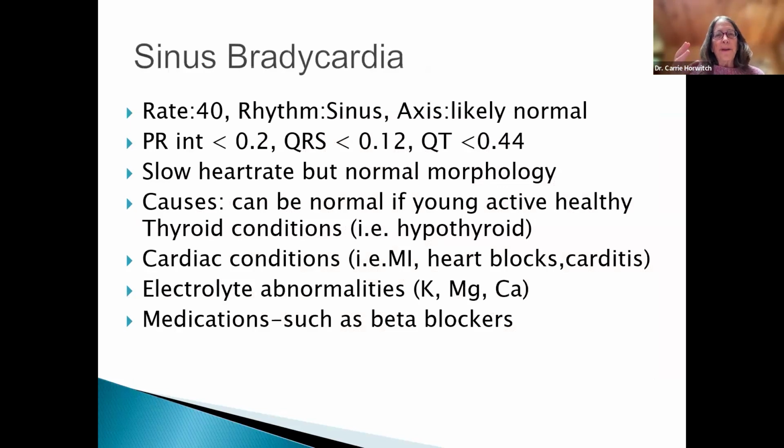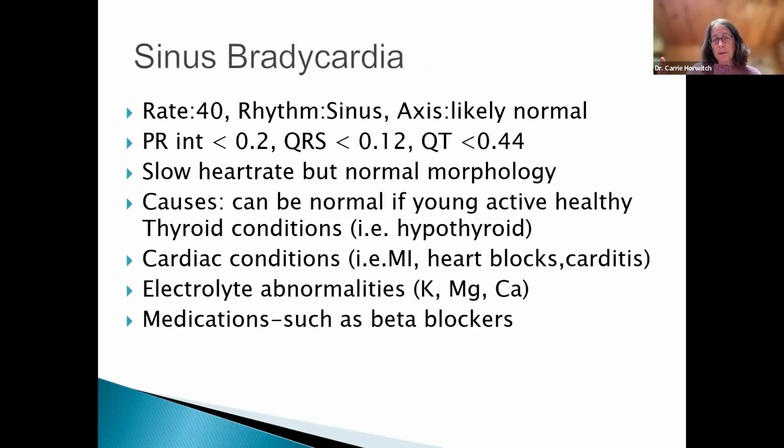If, however, you see this and you're not sure, or maybe they're complaining of some other things, you could get a thyroid test just to make sure that this person doesn't have undiagnosed hypothyroidism. If this were an older person or somebody having any symptoms, I might be concerned that this could be starting to get a block.